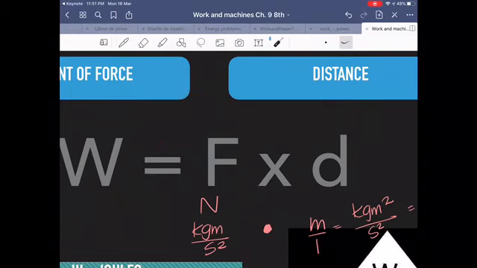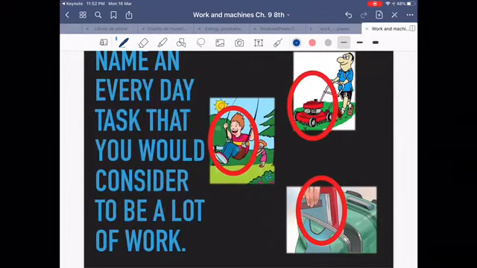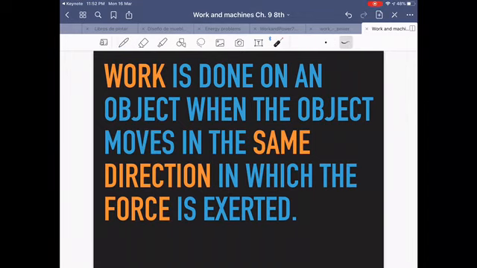You're applying a lot of force, but they're not moving, so the distance will be equal to 0. So whatever force, let's say 500 newtons times 0, will give you 0 joules. Okay, so that's why it's important to notice in these examples that they are moving a certain distance, right? Okay, so let's see here.